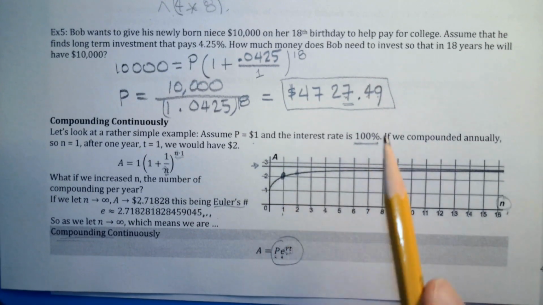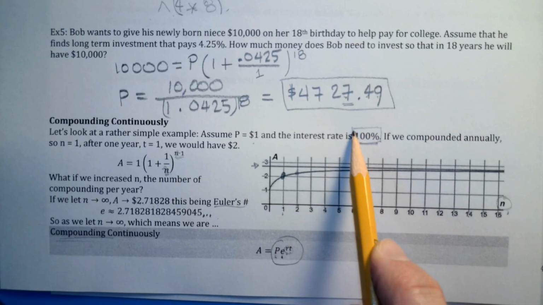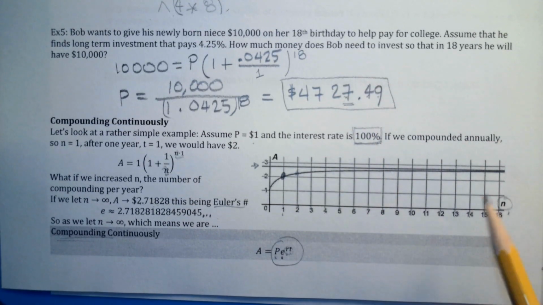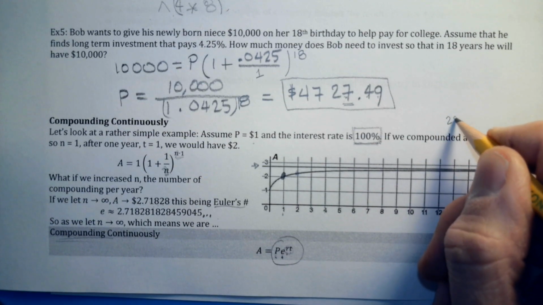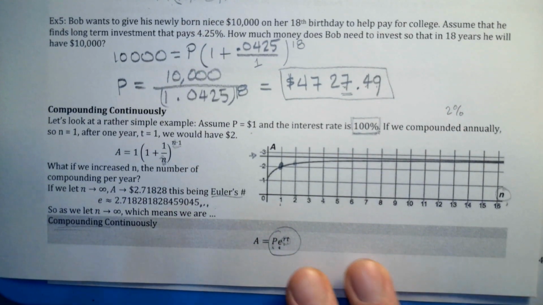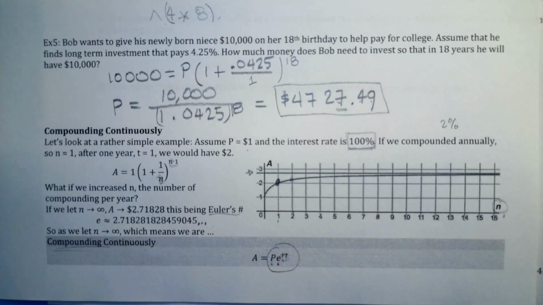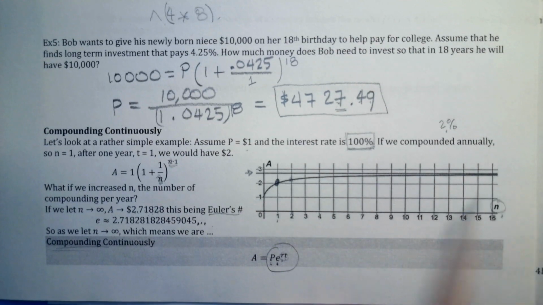Now, it's weird in this case, we saw such a big difference because the interest rate is 100% in this example. In real life, you're lucky if you can get a 2% interest rate on a savings account. Maybe 0.5% would be more likely, but sometimes with the higher interest rates these days, you can get a little bit higher.